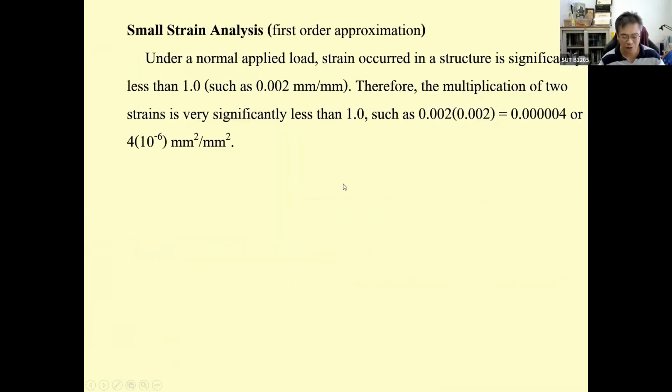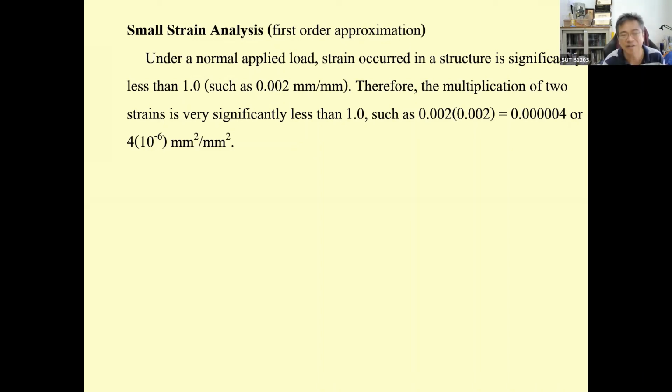For the strain, usually it is very small. For example, did you see the deformation when I pull this ruler? No, it's going to be very small. Again, the rubber is large. Yes, the rubber is large, but most engineering materials, aluminum, copper, steel, brass, also have very small strain.